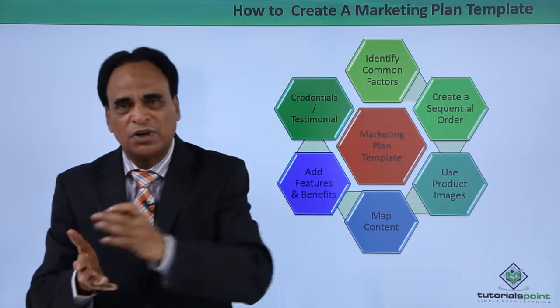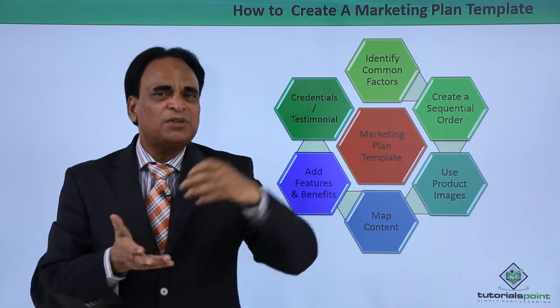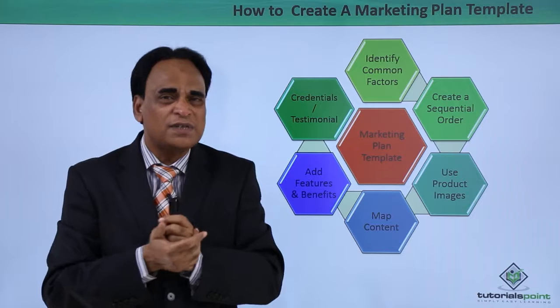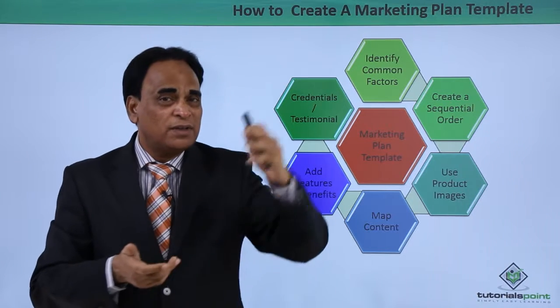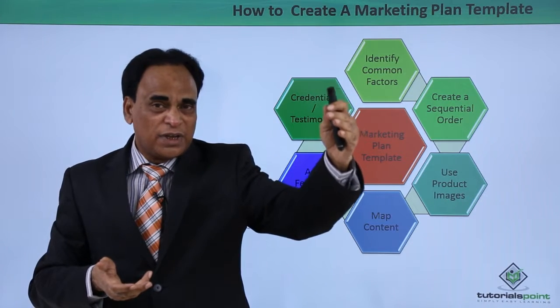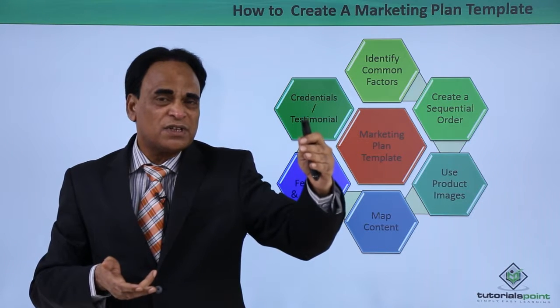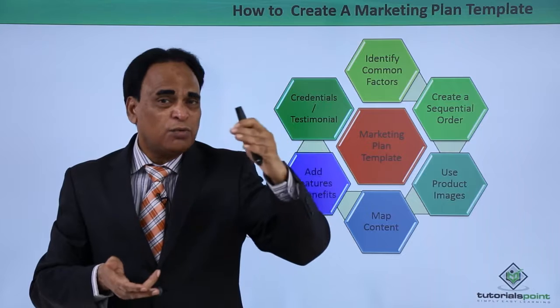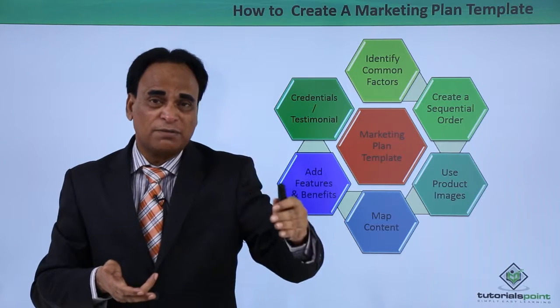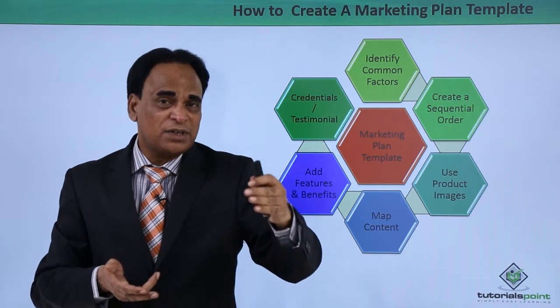Create a sequential order. When you create a marketing plan, you have to create a sequential order. How will the sequential order follow? Something like the company, what this company is all about, what are the key products, services and solutions this company is launching or having, and who their clientele are, and the best practices that you can implement.